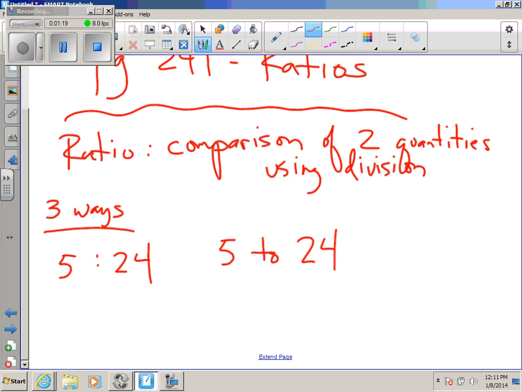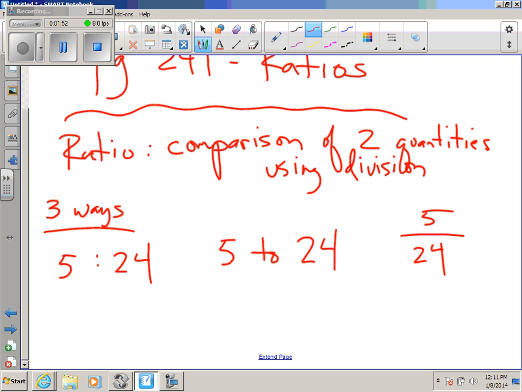And finally, the third way, which is probably one of the more common ways, is to write it in fraction form. Does it automatically make it a fraction if you put it in fraction form?